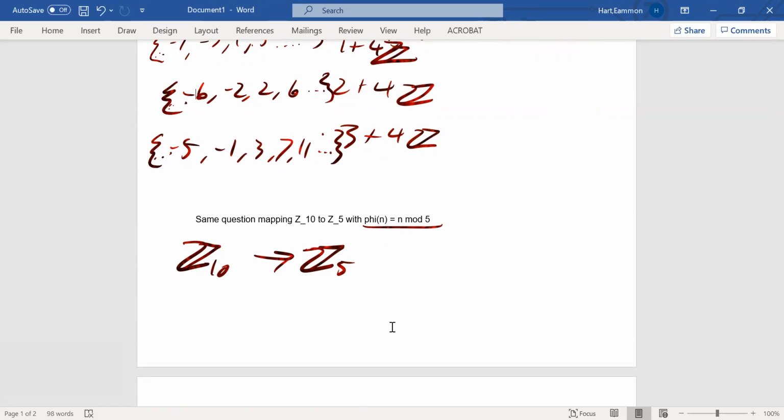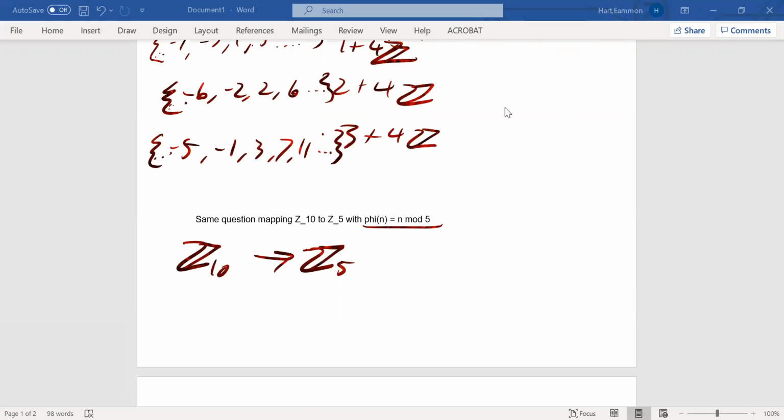First off, what subgroups are there of Z10? Sophie, what subgroups are there of Z10? No? Lucy? Not sure.